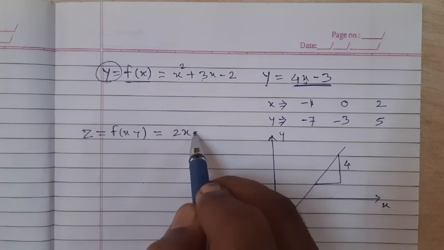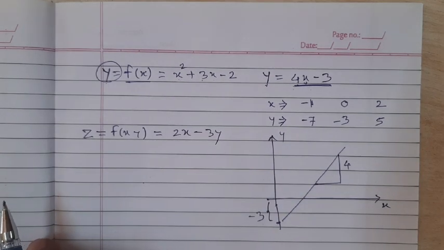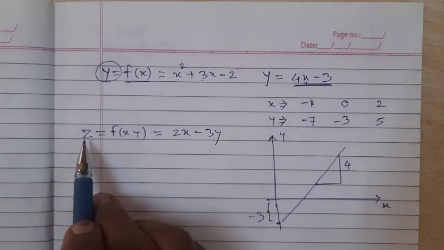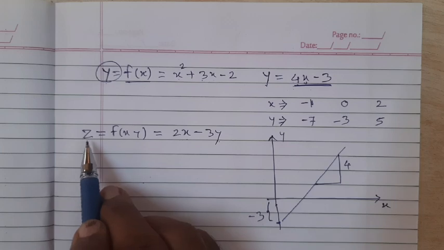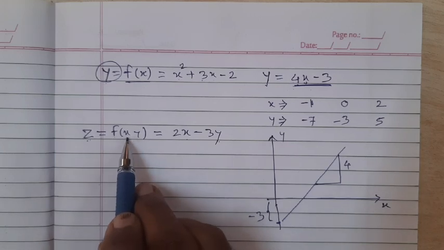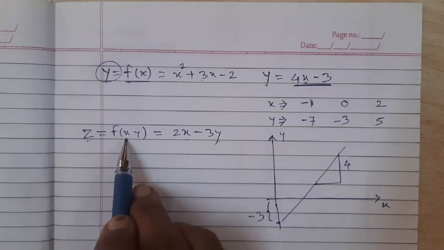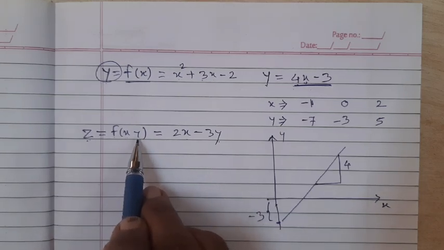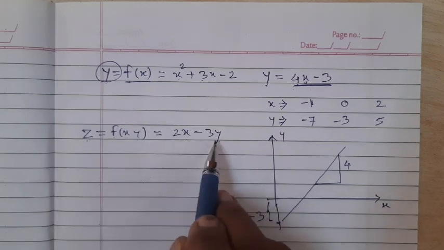It is 2x minus 3y, suppose. What does it indicate? It indicates that z depends on x and y. That is, z is the function of x and y. Its value changes with change in x or change in y, with the expression 2x minus 3y.